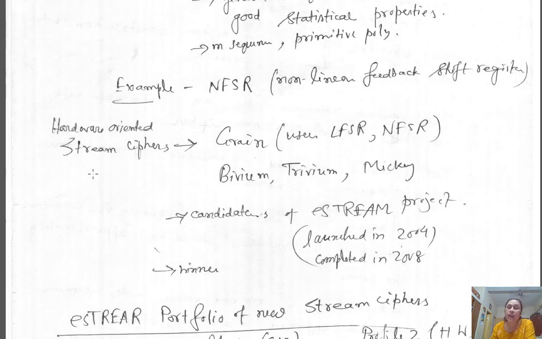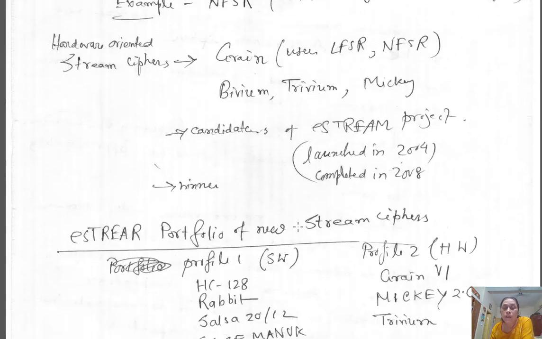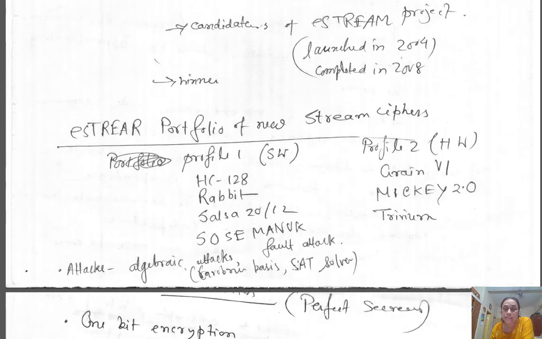Given the key, how efficiently you generate the key stream, and also you have to generate it in such a way that it contains sufficient randomness. So it is not trivial to mount this type of attack, or if you find such an attack, the complexity is very high.